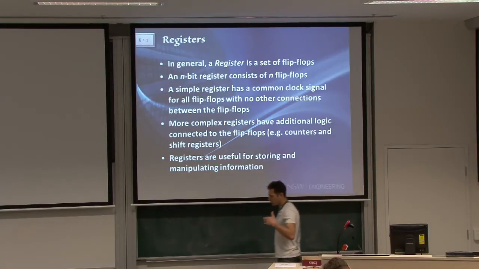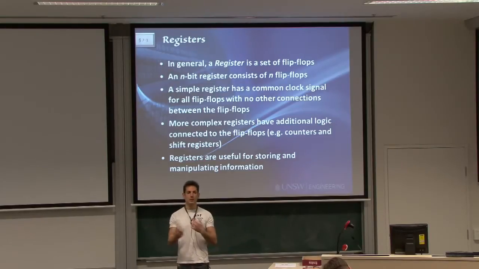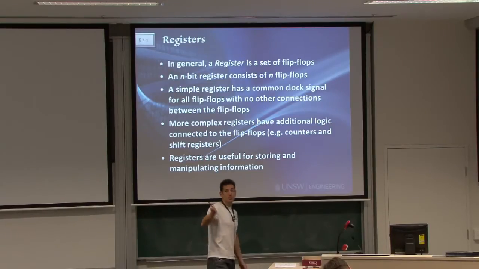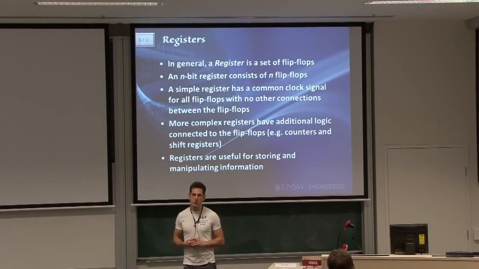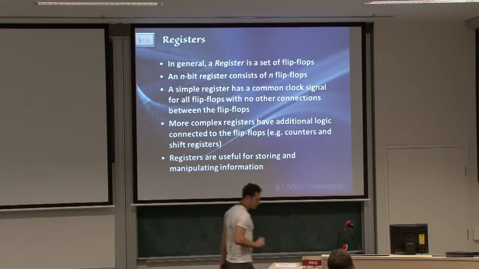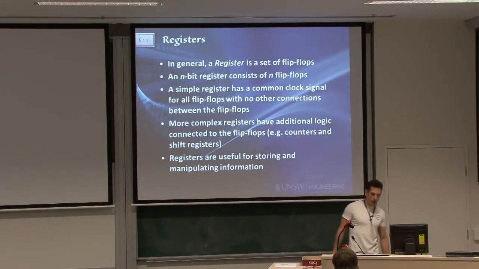But then we can take it to the next level and have more complex registers that interact between the different flip-flops. An example is what you had in Lab 5, your linear feedback shift register, where each flip-flop was connected to the one next to it, and then there was some feedback into it.